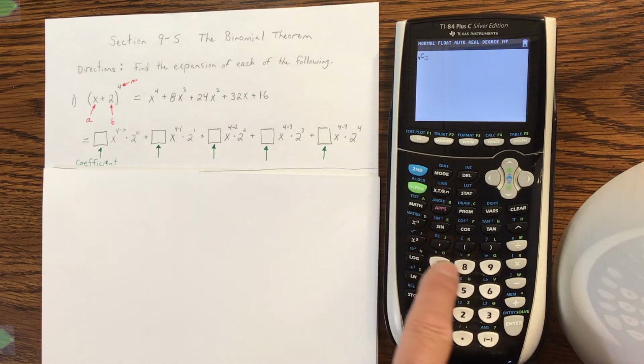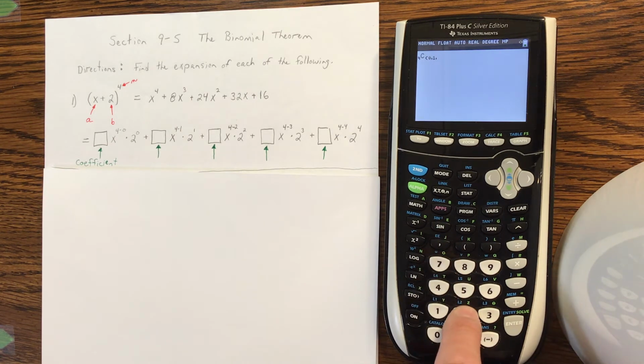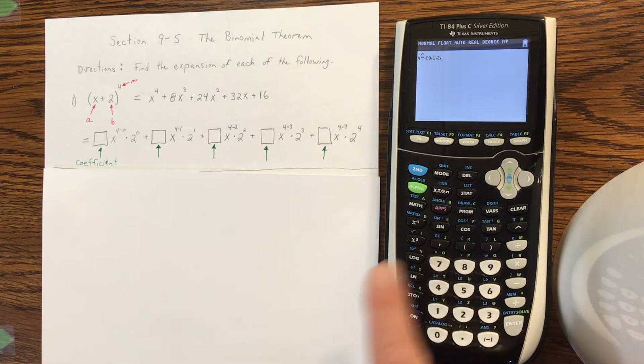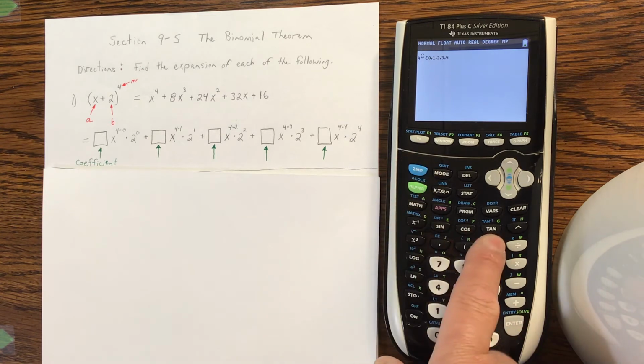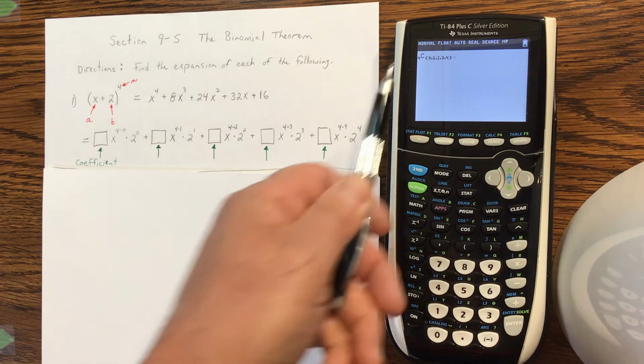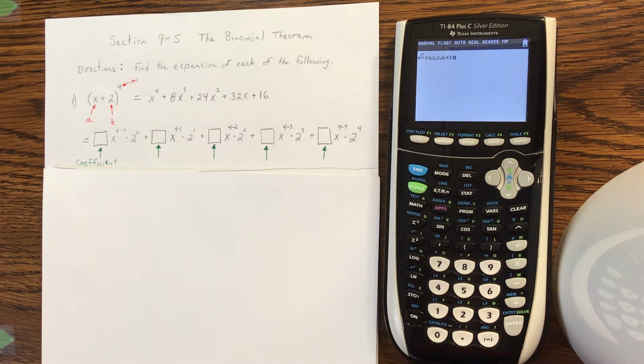So second, open parentheses, starting off with 0, and we go all the way up to n, because that'll give us our 5 terms. I'm messing up here a little bit. Close it off with parentheses, and this will represent your 5 coefficients.